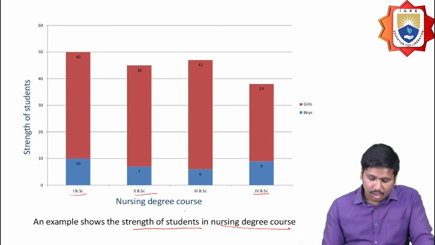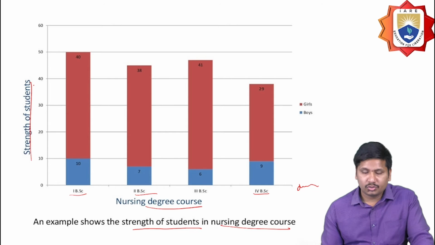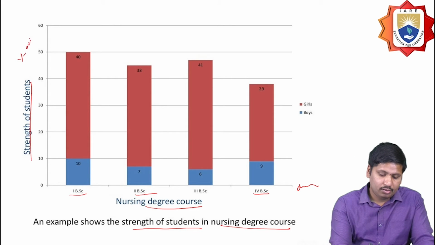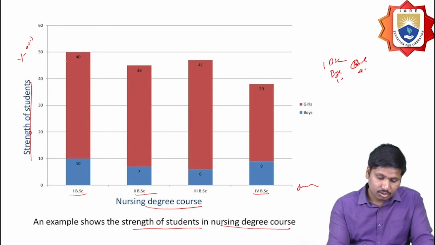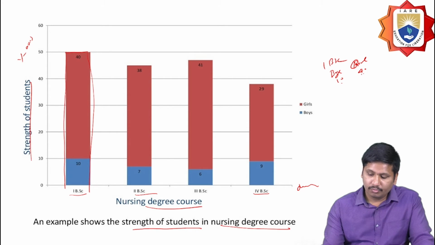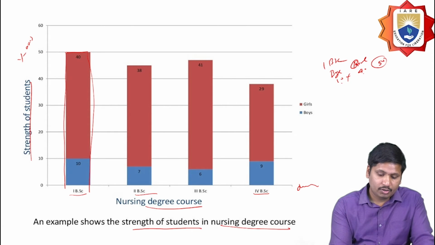I take the degree course on the x-axis and the strength of students on the y-axis. In first BSc, girls are 40 and boys are 10. So the total is 10 plus 40, that is 50, and I draw a rectangular bar up to 50.